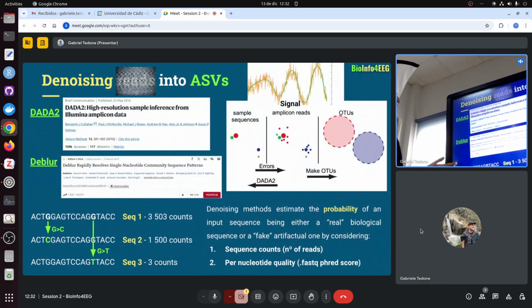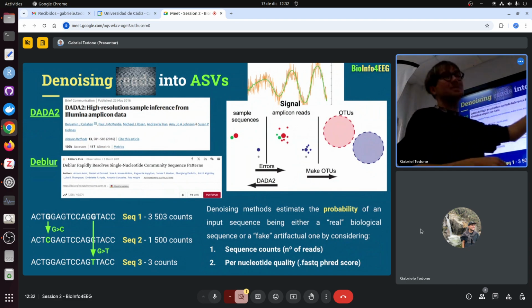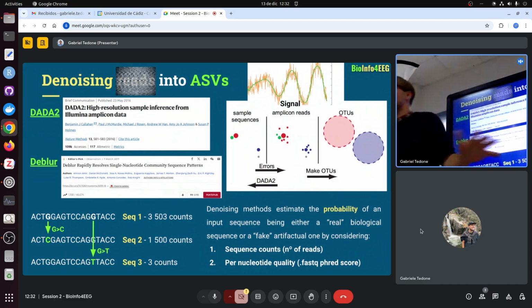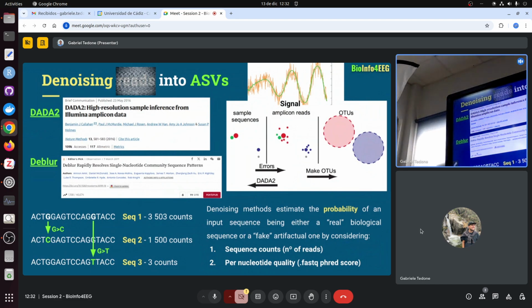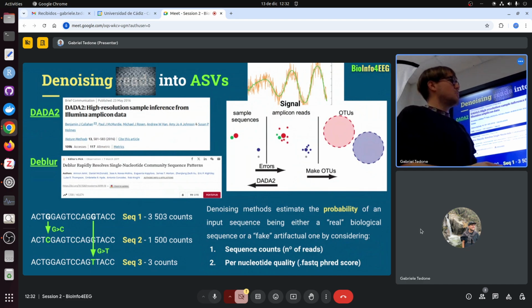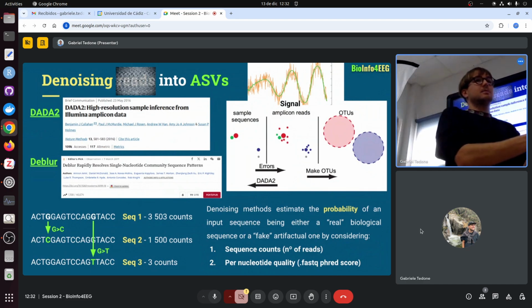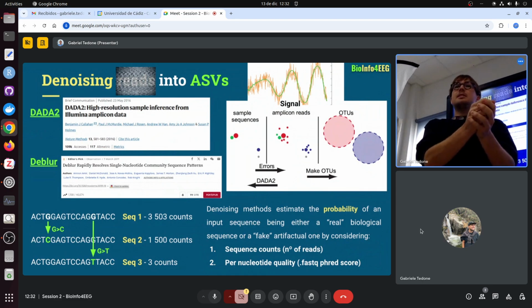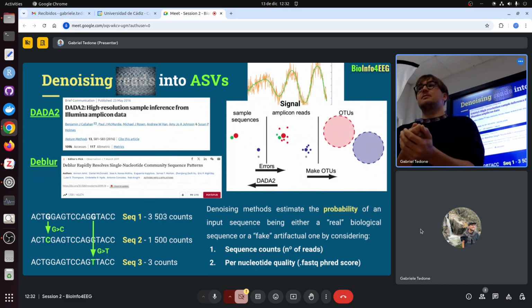So what is denoising? Who can tell me what is written here? Denoising reads. Okay, so the idea is to remove the noise. In any signal, in information theory, you always have noise. We have our sample, we sequence it, and we get a signal, which is FASTQ reads.